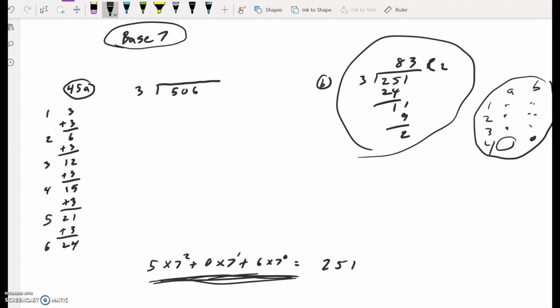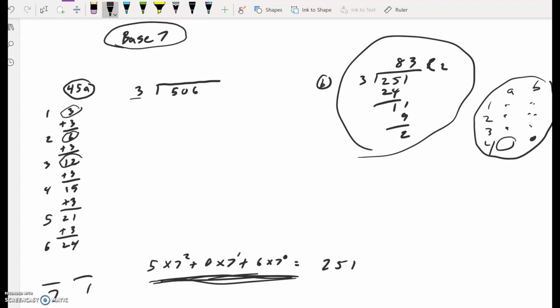And it turns out that it's probably best to do some multiples of whatever this number is. If you're dividing by 3, this is 3 in base 7. This is 3 plus 3 in base 7, or 3 times 2 in base 7. In base 7, this is 3 times 3. Why is that?